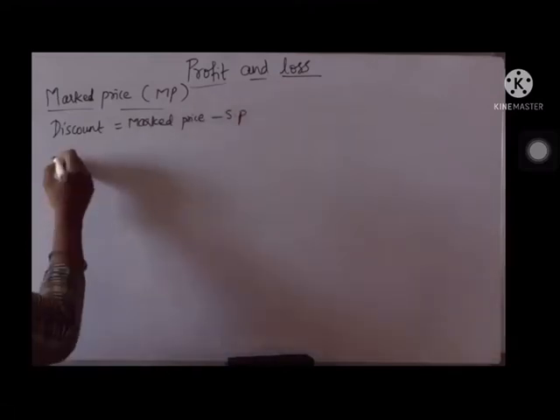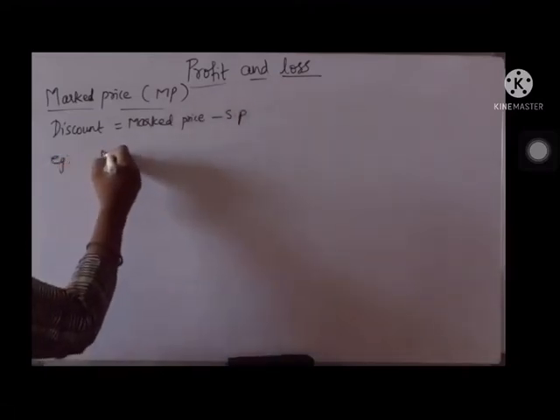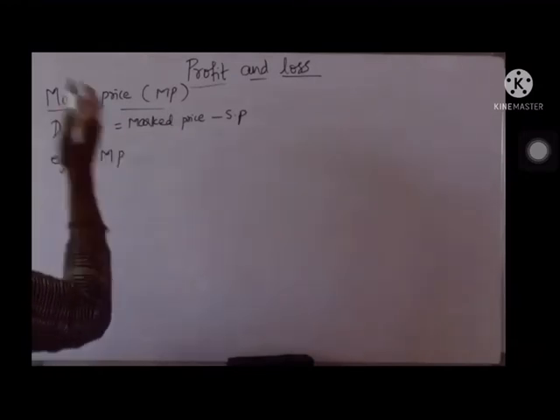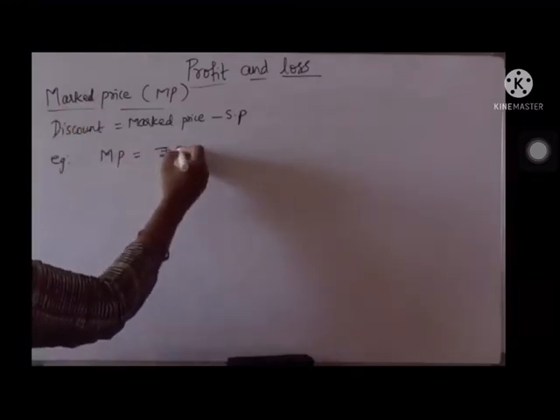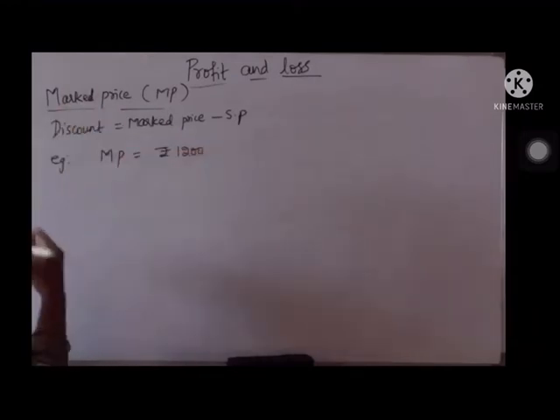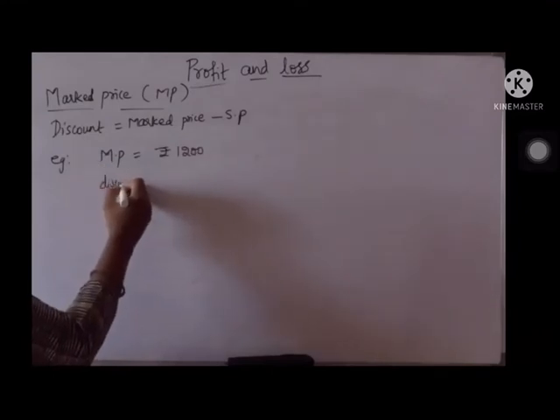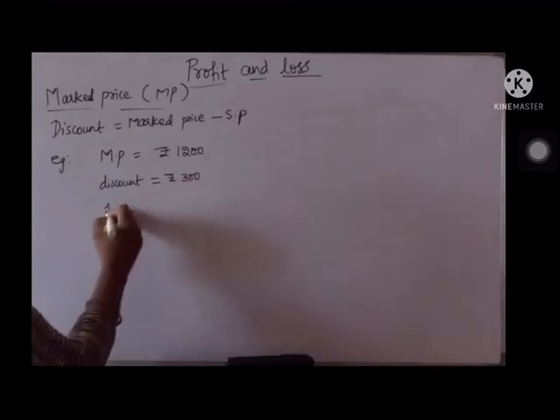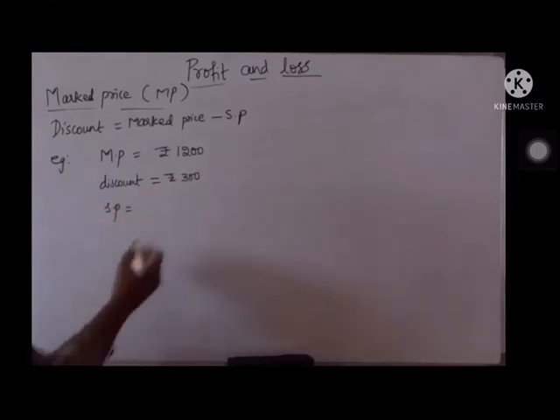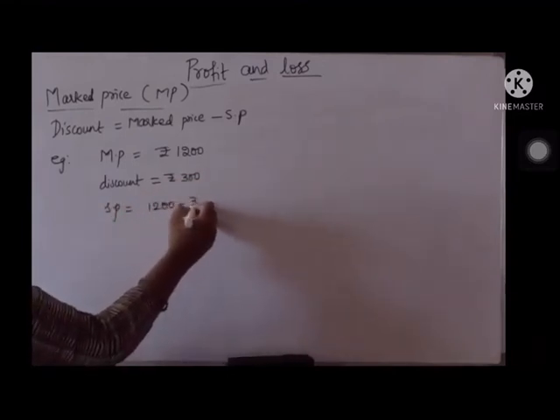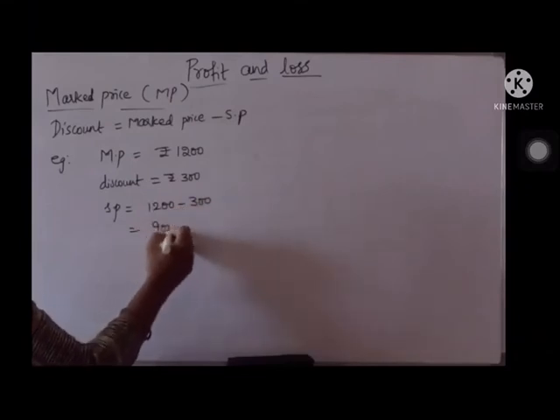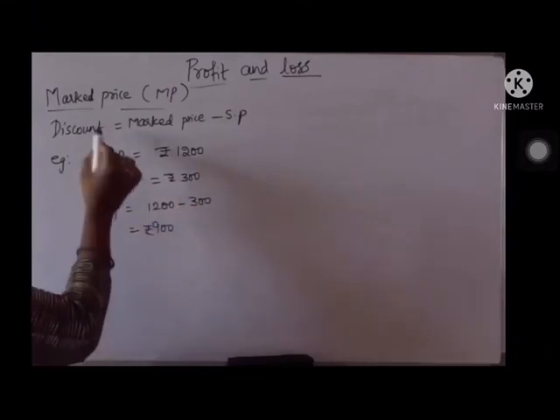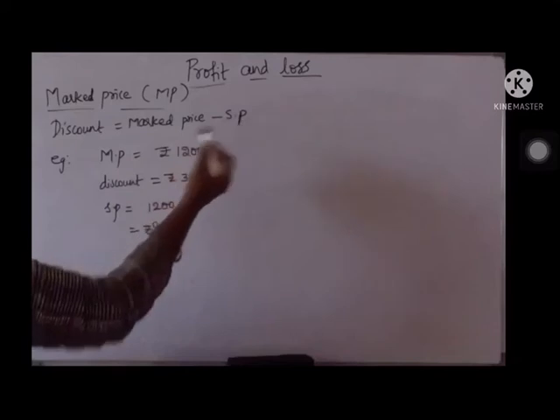Example, suppose the market price of some dress is rupees 1200, and they give a discount of 300. Then what is the selling price of the shopkeeper now? 1200 minus 300, that is 900. So here discount is nothing but market price minus selling price.